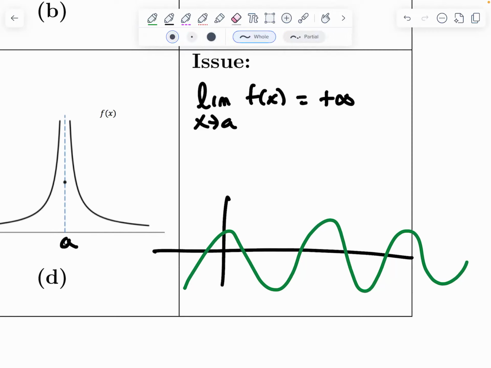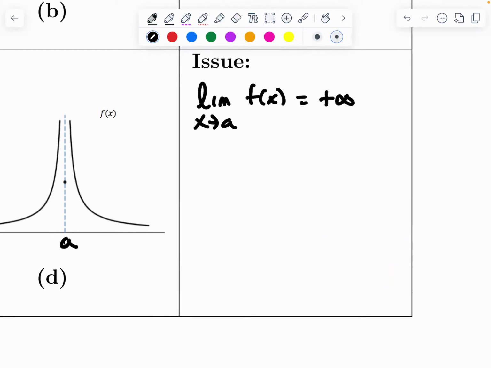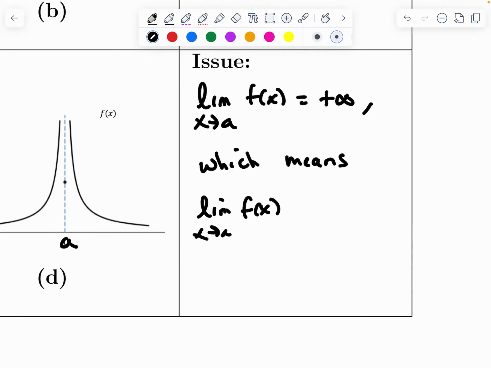So the limit as x approaches a of f of x does not exist.